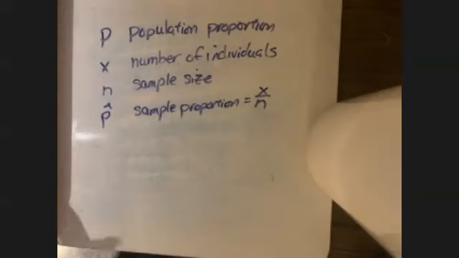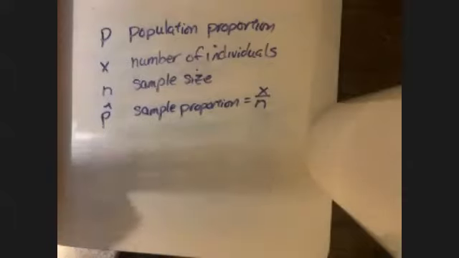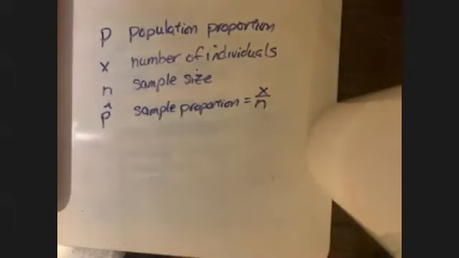Okay, now, there are two methods, okay, for doing this, okay? And it doesn't matter whether we're doing proportion or the other one we're going to be doing, mean. There are two styles of how to do this. Most of the time students pick one style or the other, okay?